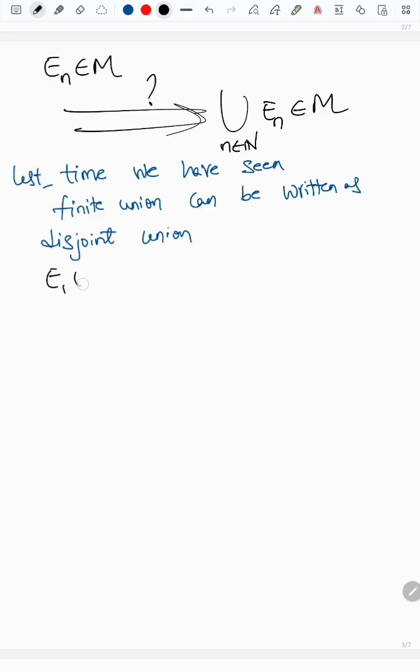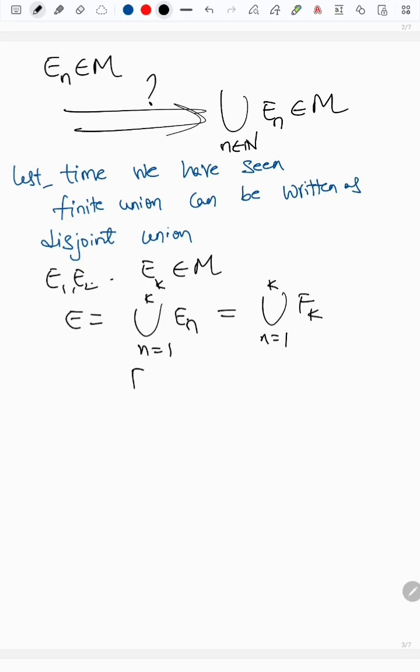Suppose E1, E2, and so on up to Ek belong to M. Then E is equal to the union of En, n equal to 1 to k, which is equal to the union of Fn, n equal to 1 to k, where the Fn's were constructed as F1 is equal to E1, F2 is equal to E2 minus E1, and Fn is equal to En minus the union of Ei, i equal to 1 to n minus 1.